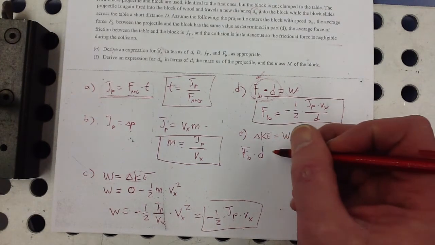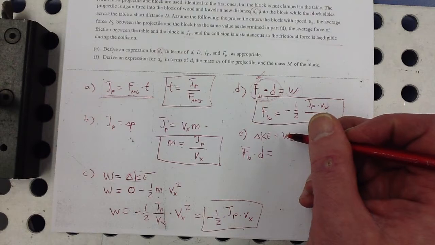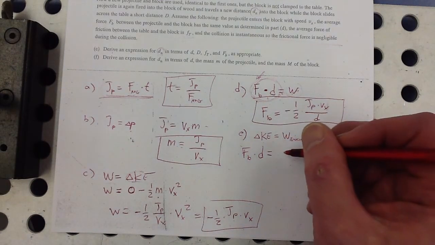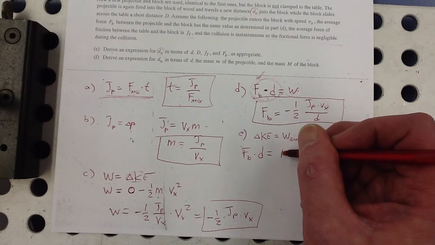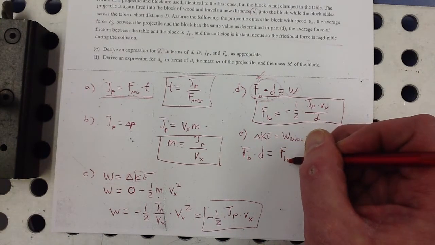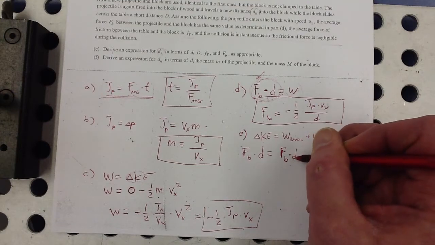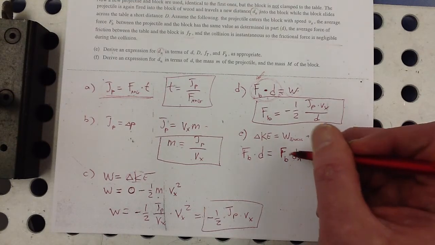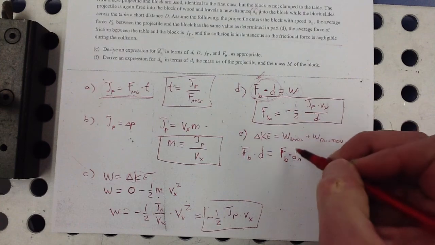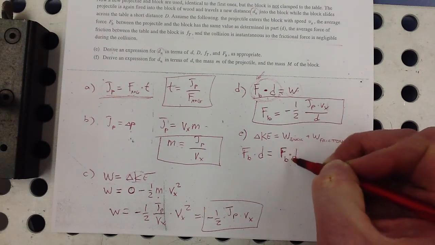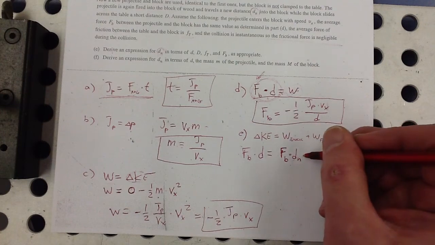right? And the work done by the block is now the force, that average force on the block, but it's the new distance dn, right? Because the dart is only sliding in this smaller distance dn now. But it's the same average force.